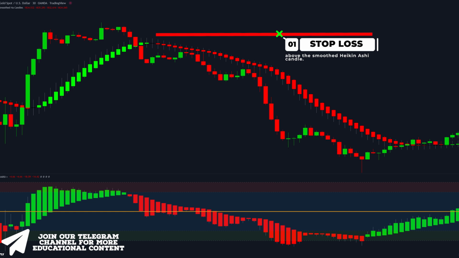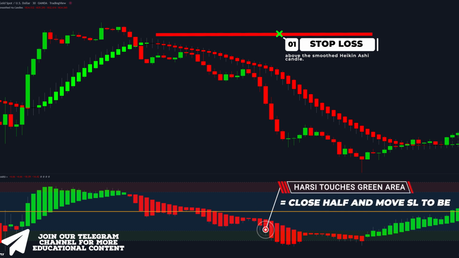Now, let's consider our complex take-profit structure for maximum performance, taking into account this gold trade as an example. Firstly, we should close half position and move stop loss to the break-even when the bar along the bottom touches the upper bound of the green area for the first time. Then, we need to wait for the price to drop in the green area.